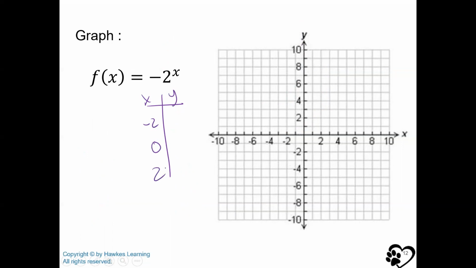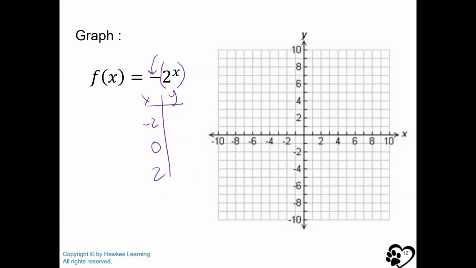Now this time, you notice we have a negative. So remember, these are separated, right? So basically, when it's multiplied by a -1, which is what this graph is being multiplied by, it's going to flip it. It's going to be a reflection over, what do you think, the x or y axis?